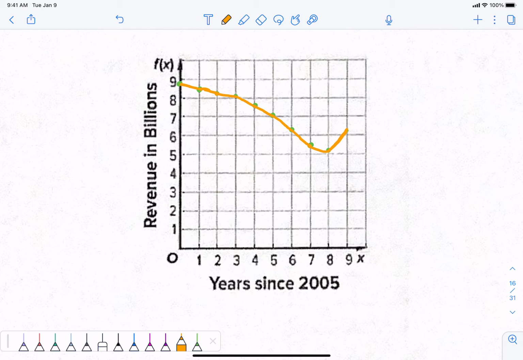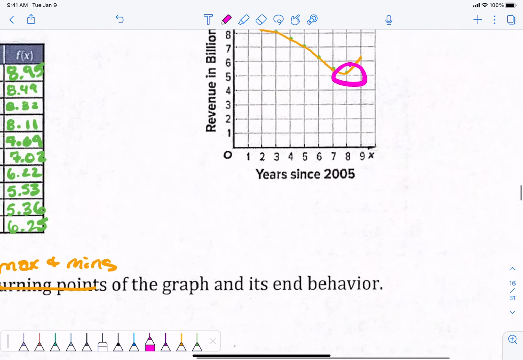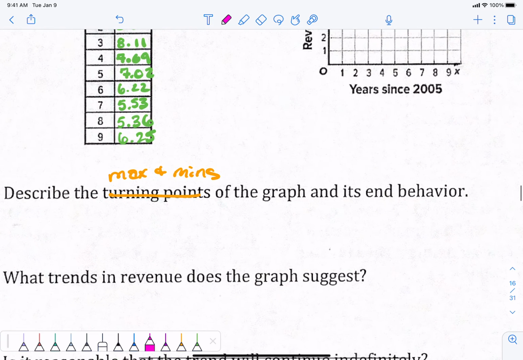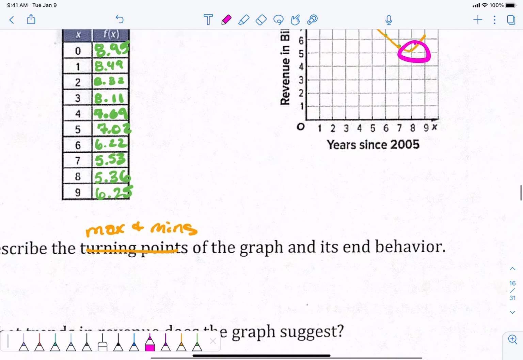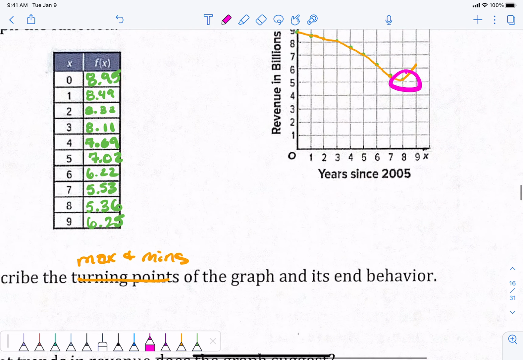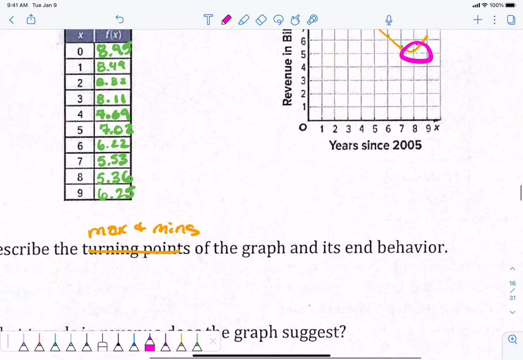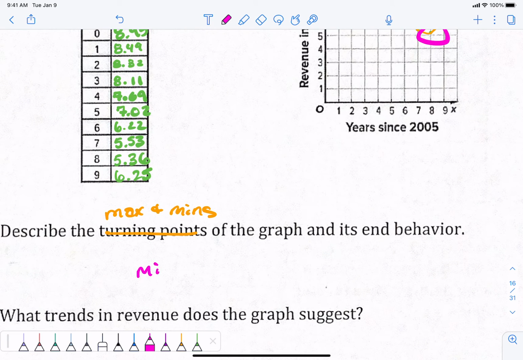So that's not necessarily a high point. So we don't have a high point. Do we have a low point? Yeah. He is a low point at 8, right? Okay, describe the maxes and mins of the graph. Okay, so what is the min?